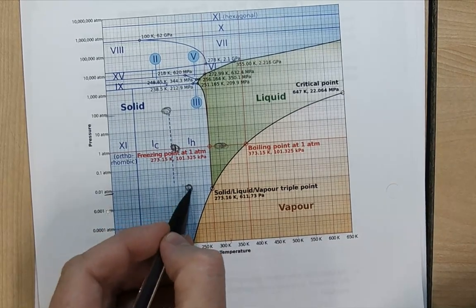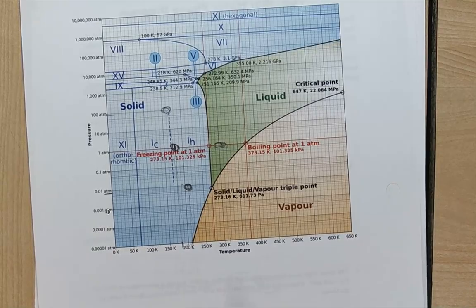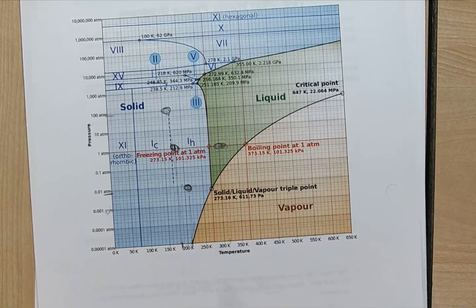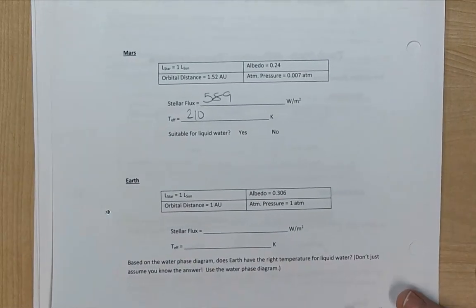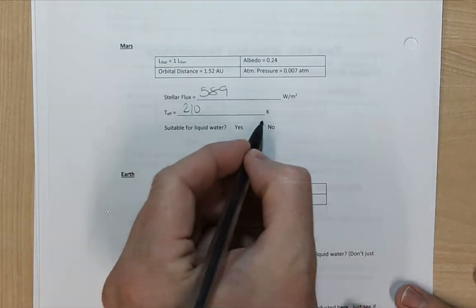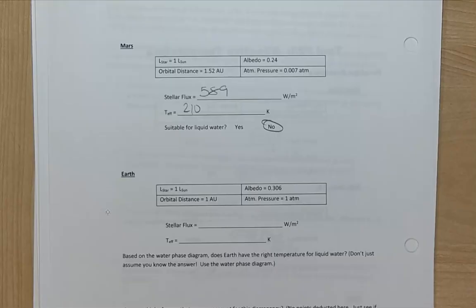So Mars is right about there. The water's frozen. Liquid water? No, it should be frozen. And actually, when you look at Mars, it is frozen. So this model works okay for Mars.